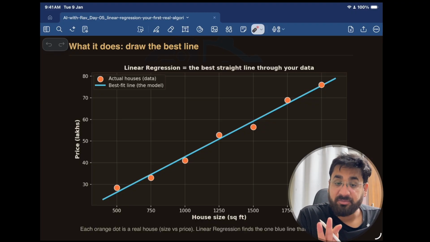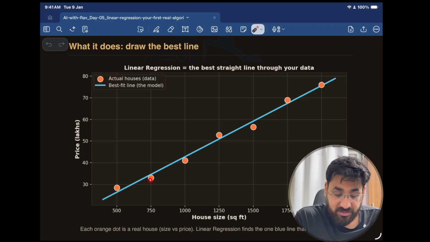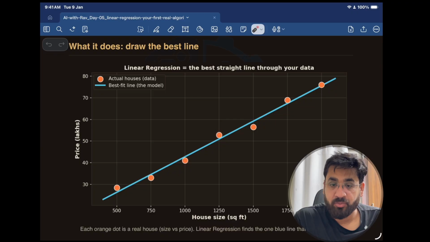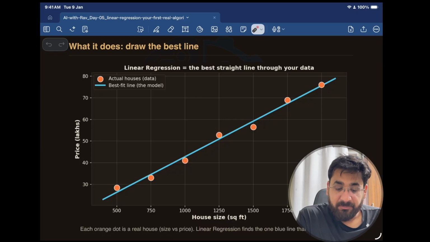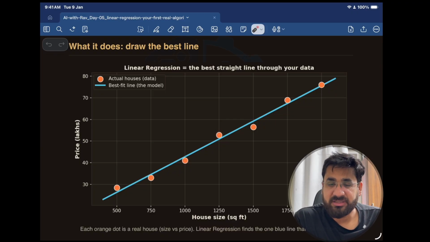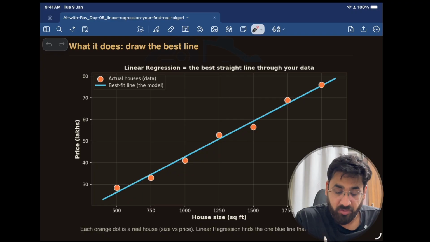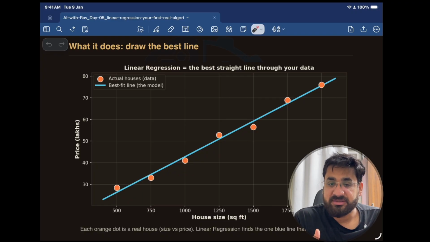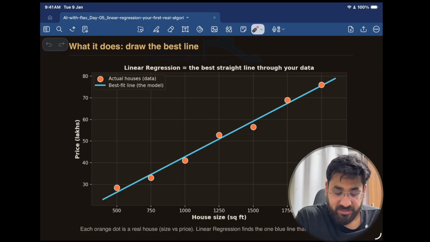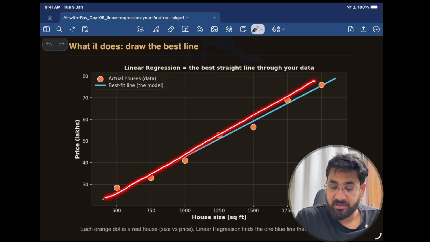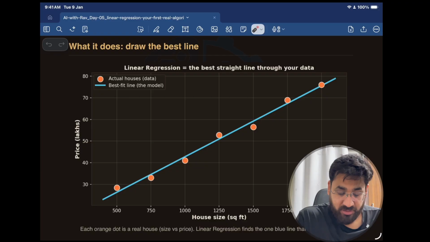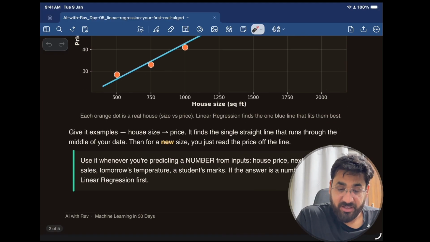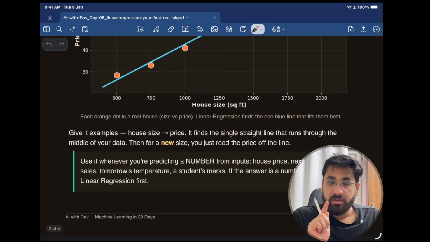The actual house price is this orange dot, and the best fit line model, the best line that we can draw connecting most of these dots or points, is this blue line.